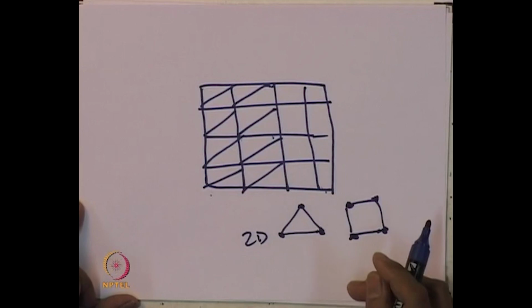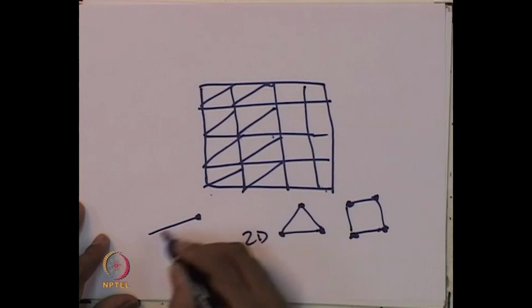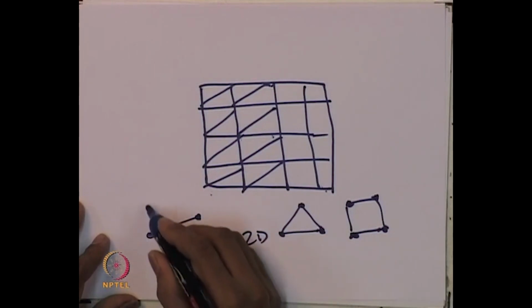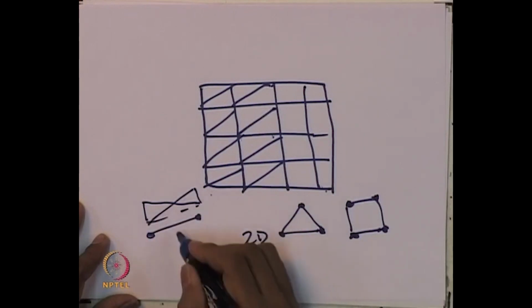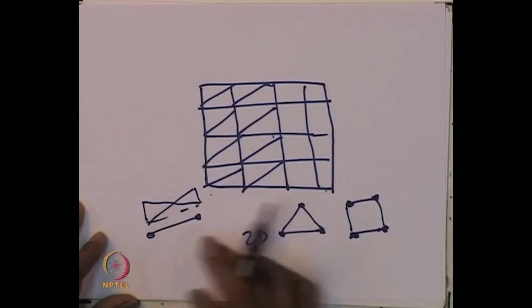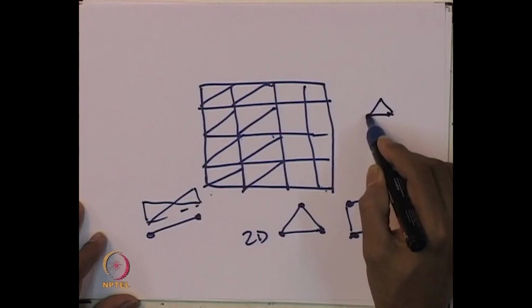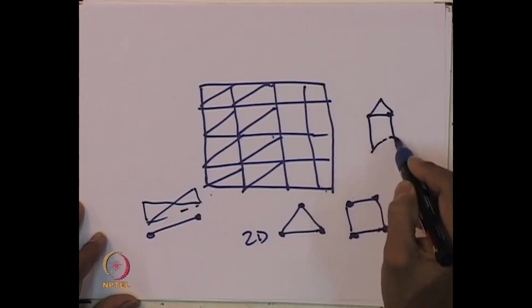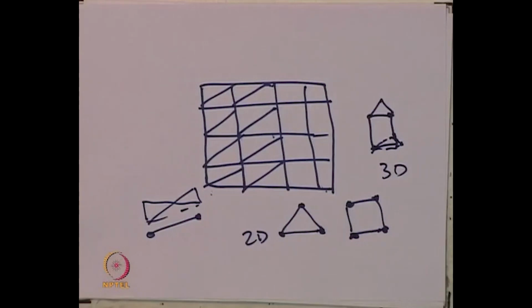Like that, for various schemes, in 1D, one dimension, we can consider a linear line element like this, so the variation is linear. That is linear variation for one dimension. This is for 2 dimensions, and for 3 dimensions we can consider prisms, triangular prisms or rectangular prisms. So, various elements and schemes are available in a much more flexible way as far as the finite element method is concerned.